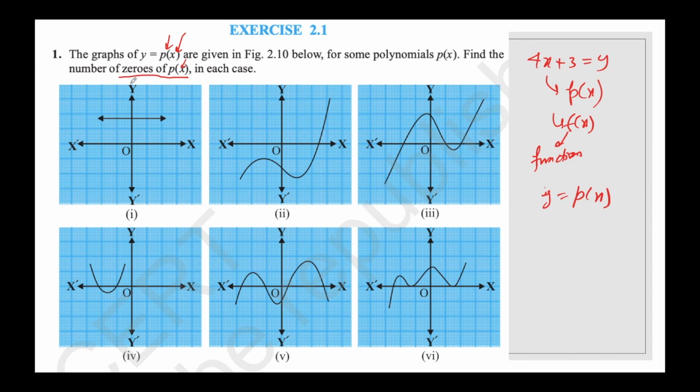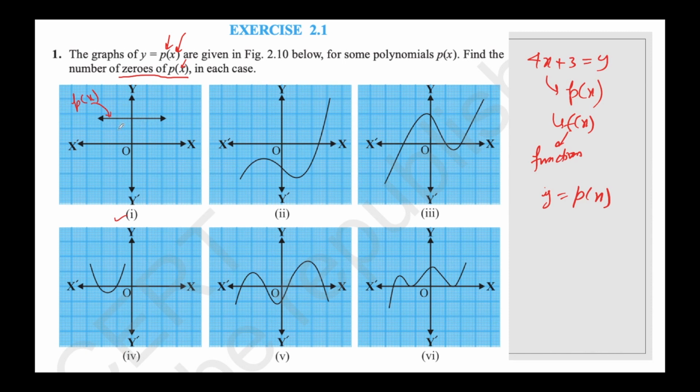So it is to find the number of zeros. Let's take the first graph. This is the graph, and this line represents any p(x), any polynomial. I'm not sure what the polynomial is over here, but I am not concerned with that in this question. I just need to find out how many times this is cutting the x-axis.